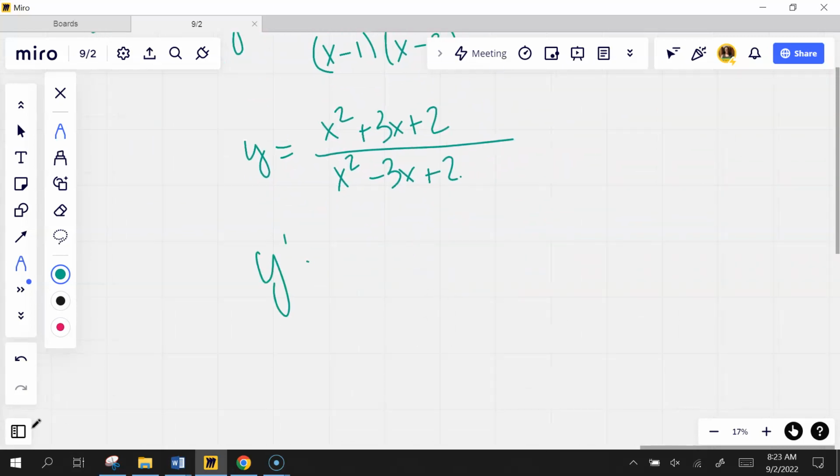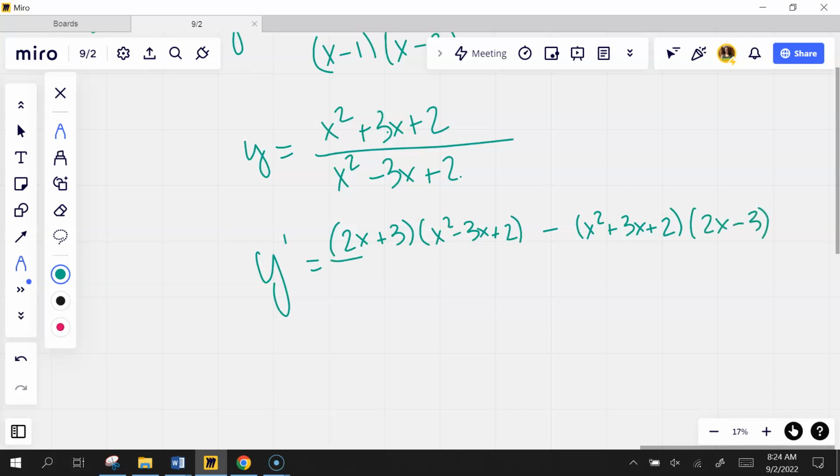So I'm going to do the derivative of the top, 2x plus 3, times the bottom, x squared minus 3x plus 2, minus the top times the derivative of the bottom, all over the bottom squared.